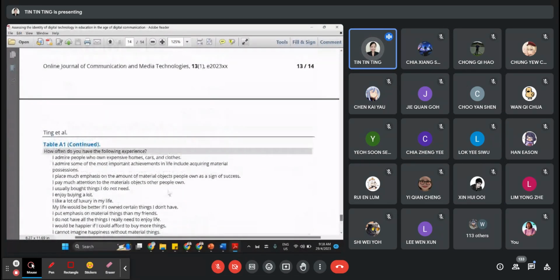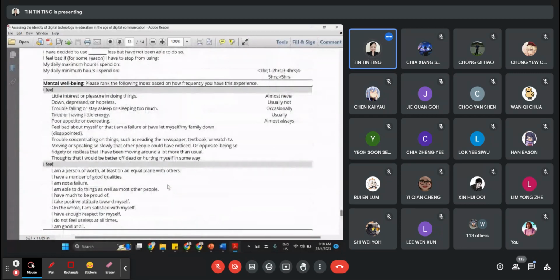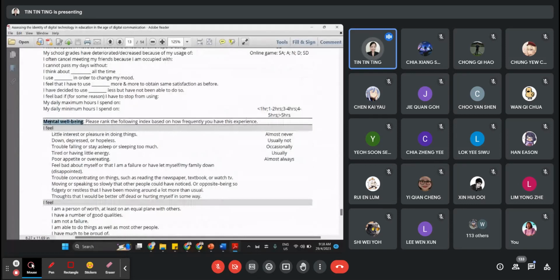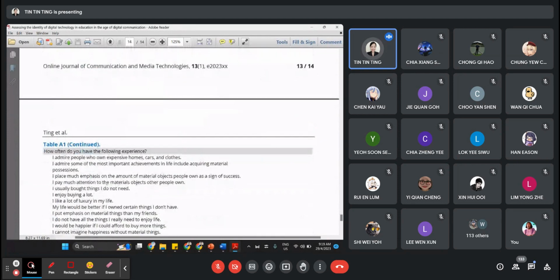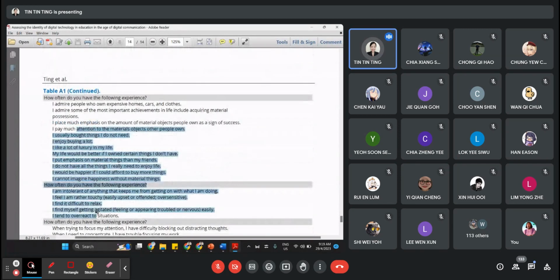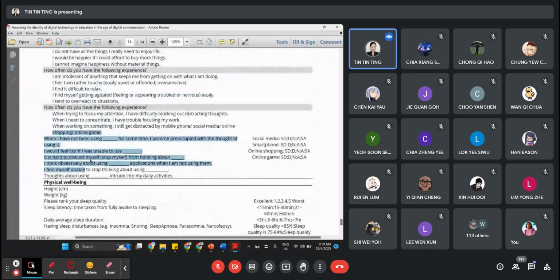And this list of questionnaire is actually not produced by us. Like for example, to measure your mental well-being, we use this question. But how do you know that this question is valid to measure whether someone has a good mental well-being or not? Not only this, but including all this. Yeah, all these are under mental health well-being.